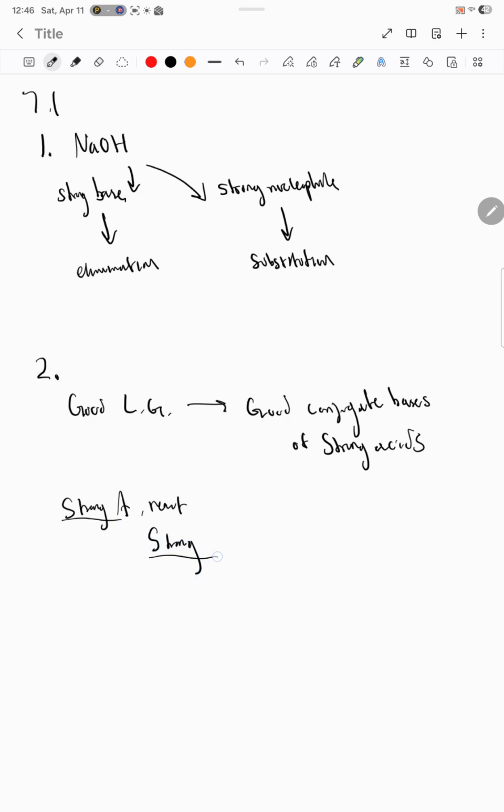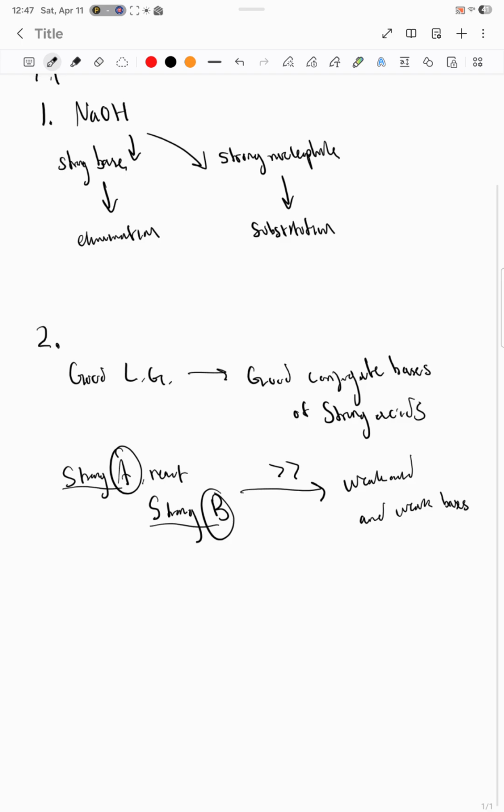And if either the acid or base is strong, it will shift the equilibrium so that it forms a weak acid and a weak base, otherwise known as weak conjugate acids or weak conjugate bases. That's just the nature of the laws of thermodynamics, which can be explained later.